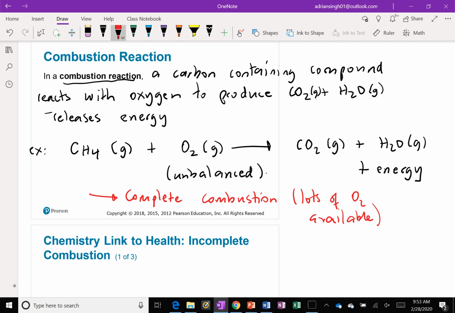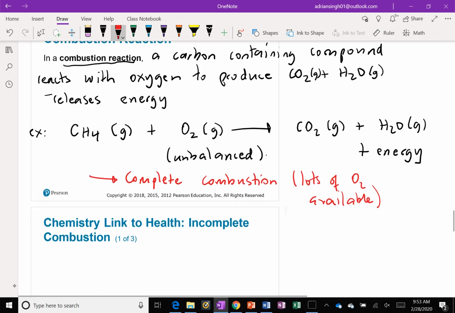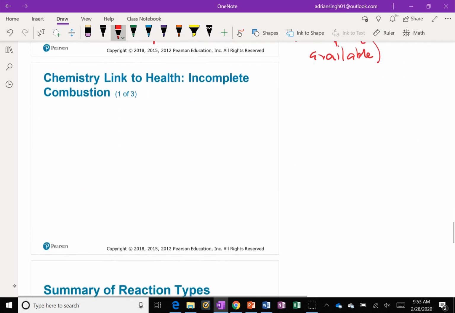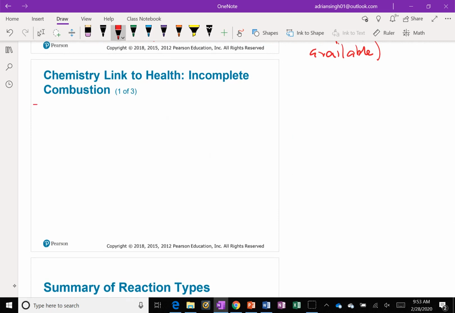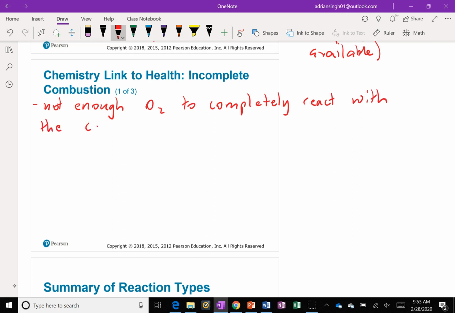So that happens because there ends up being incomplete combustion, because in that case, what happens is there is not enough oxygen to completely react with specifically the carbon in your reactant.